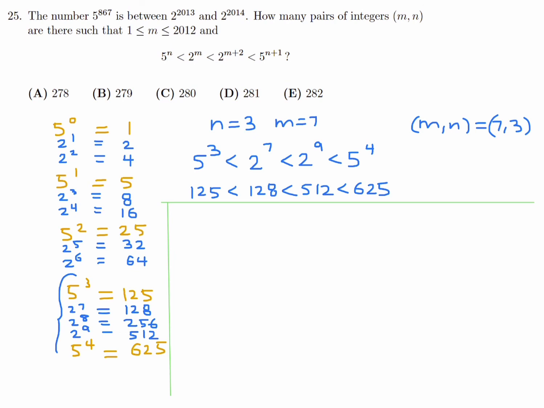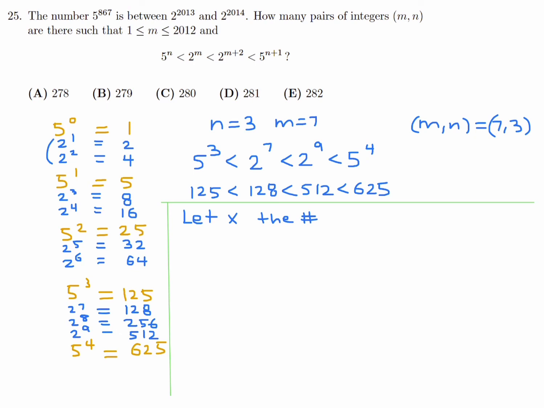But this one does. And the reason it does, because we have 3 powers of 2 in between 2 powers of 5. And that is the type of situation we want. So that is what we're going to do. So what we are going to do is let x represent the number of intervals that have 2 powers of 2.